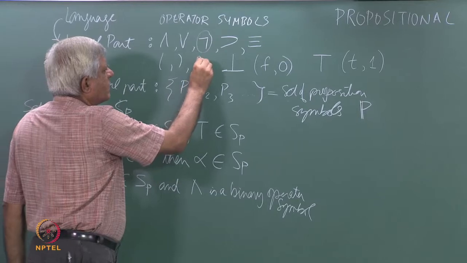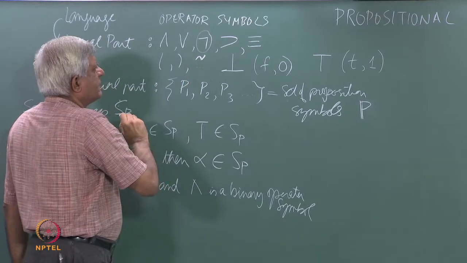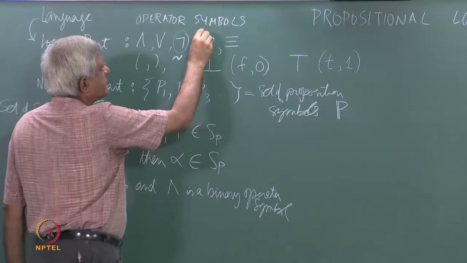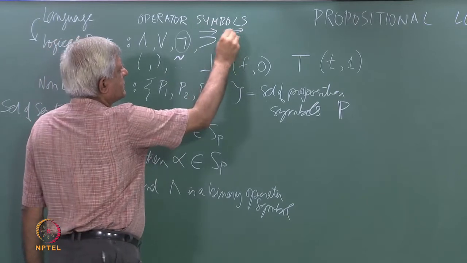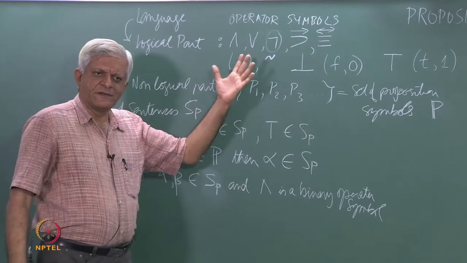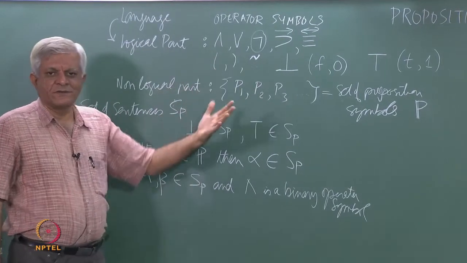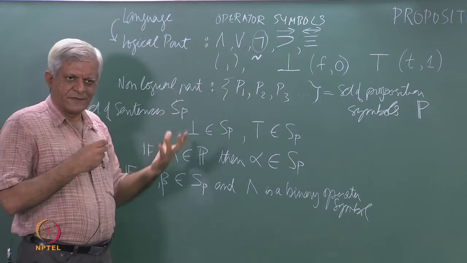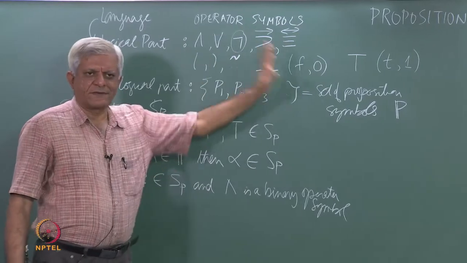We also use this sign for this. For this sign we also use sometimes an arrow. For this we sometimes use two arrows, and there are other symbols which we have not mentioned here, but we can build a language using other symbols. You are probably familiar that there are 16 possible binary operators that you can devise, and these are only 4 of them, and there are 12 more.